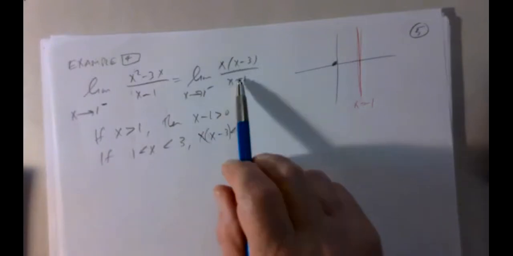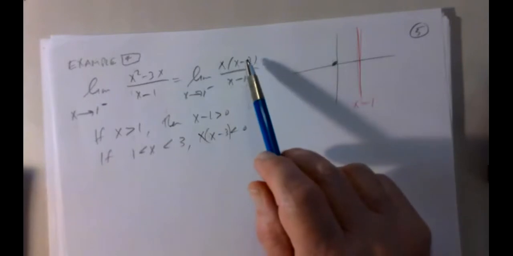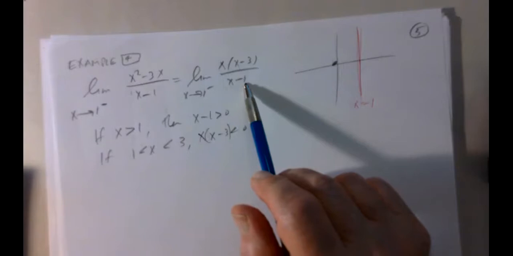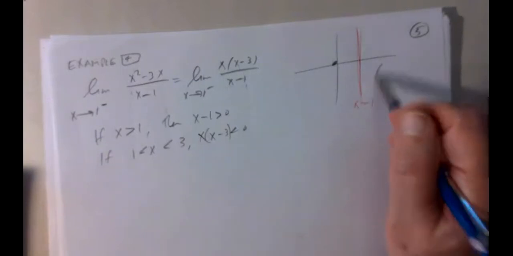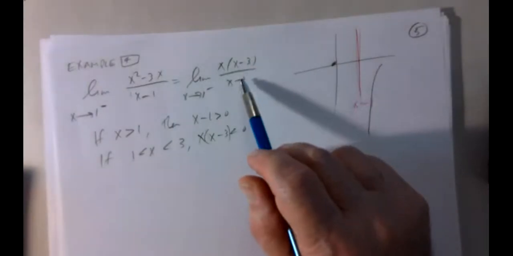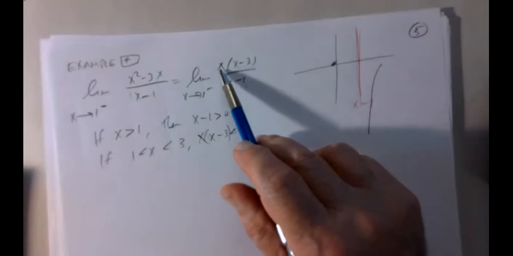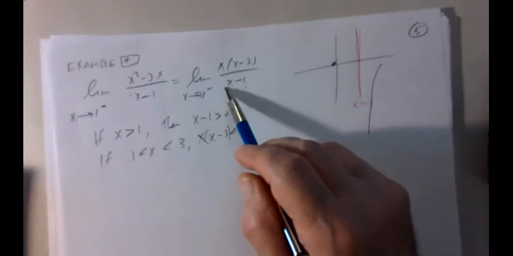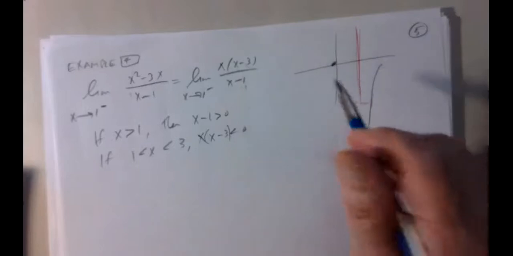So when x is bigger than 1, this is a negative number over a positive number. It's negative. So this function is going to minus infinity. This is going to 0, and this is approaching a limit.